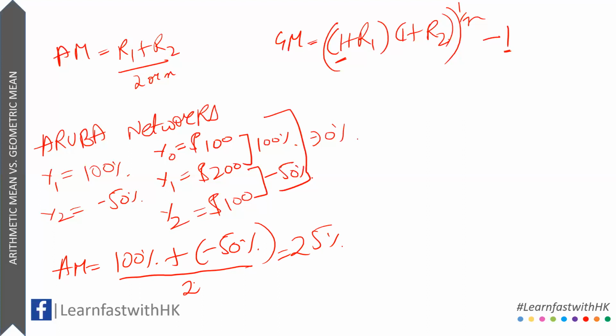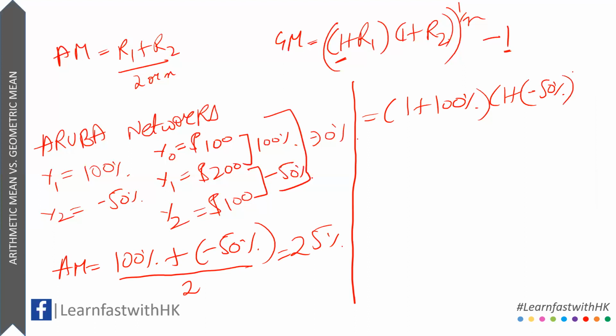Let's see if geometric mean can provide us the true picture. The geometric mean will be 1 plus 100% multiplied by 1 plus minus 50%. So I'll put it in bracket, raised to the power 1 by 2, minus 1. 100% can also be written as 1, so it's going to be 1 plus 1 multiplied by 1 plus minus 0.5.